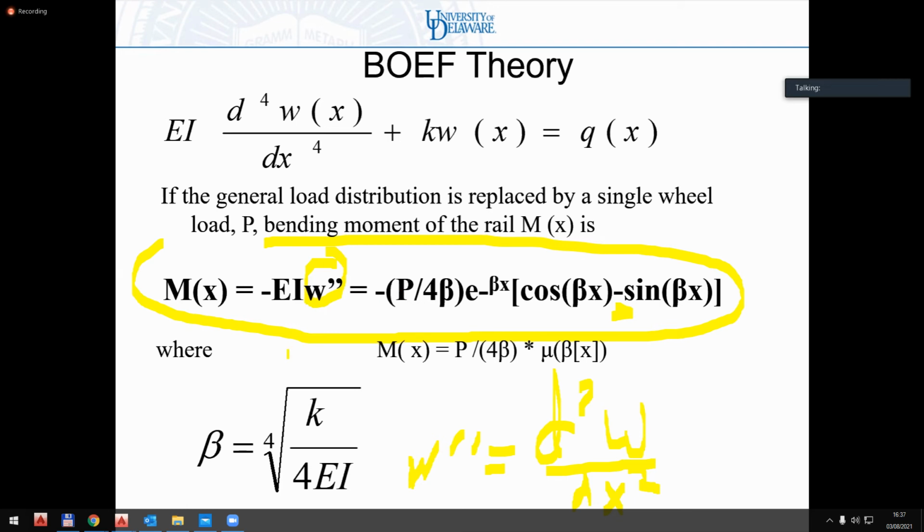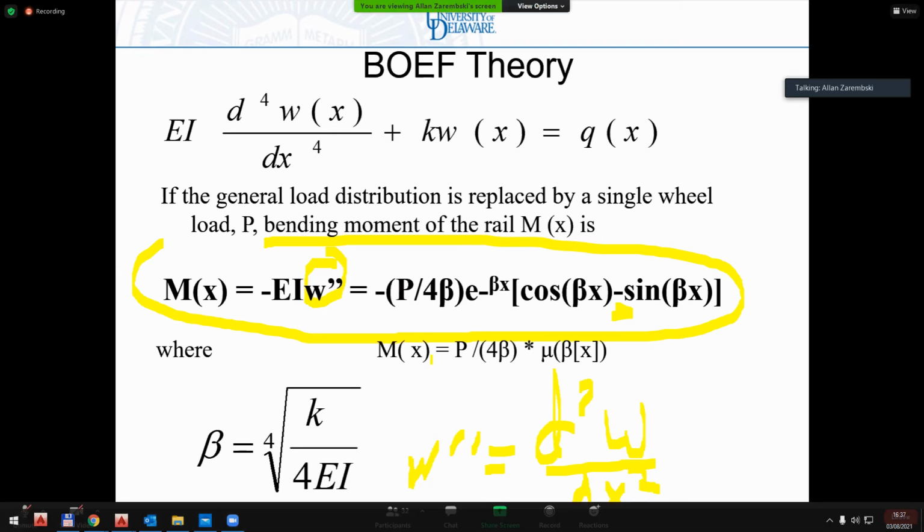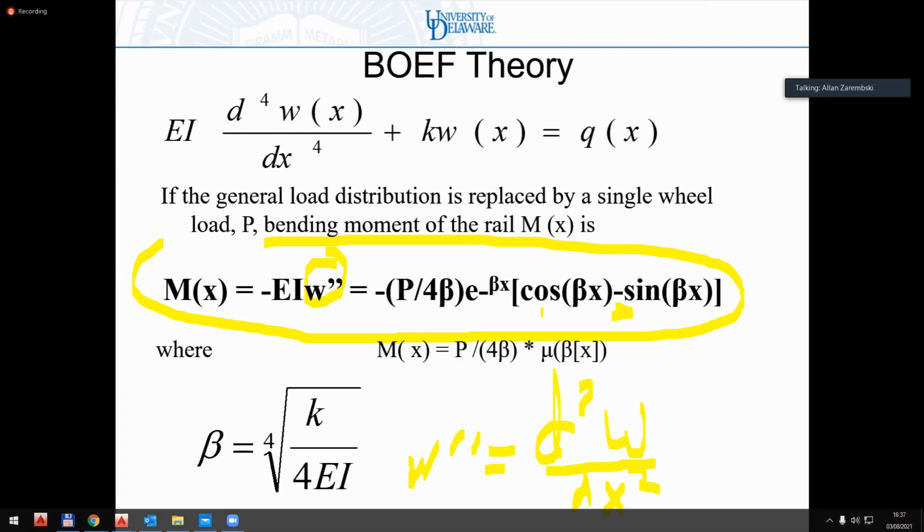The maximum moment under a single wheel likewise occurs at x equals 0. The exponential drops out, this becomes 1, this becomes 1, and so my maximum moment at x equals 0 is nothing more than P over 4 beta.